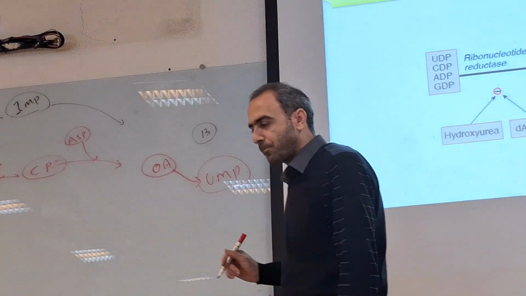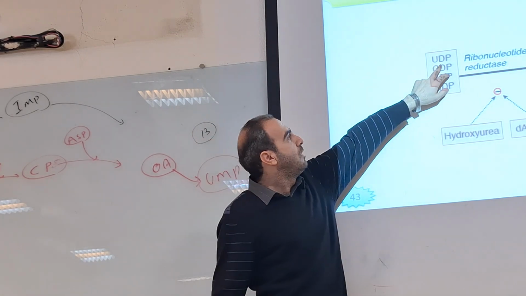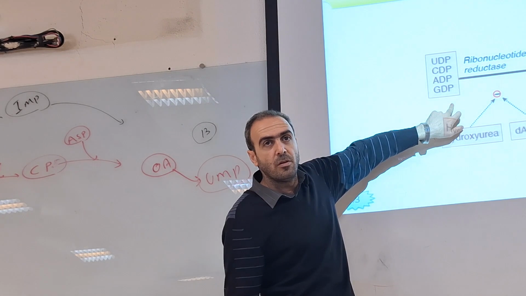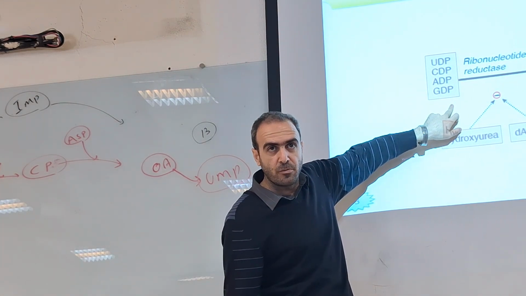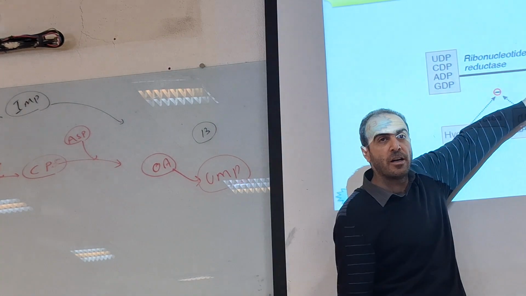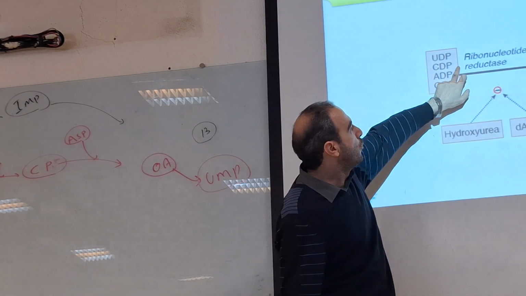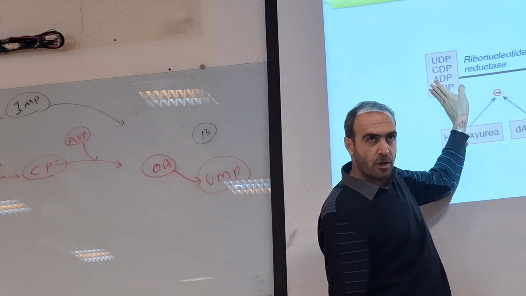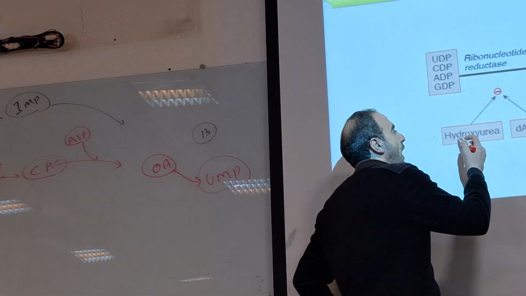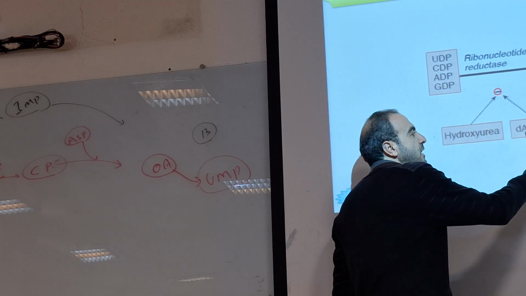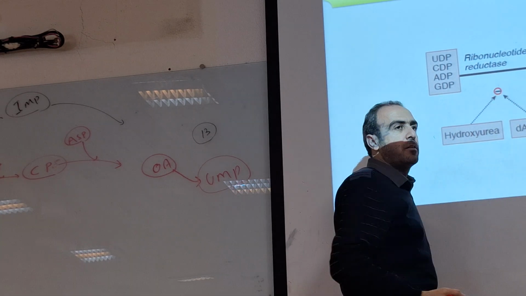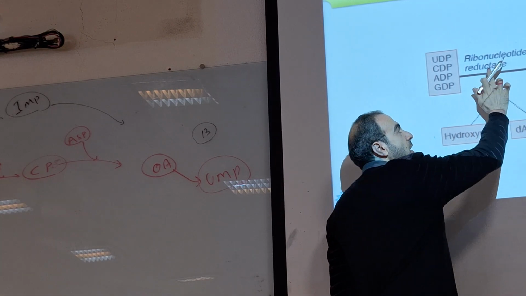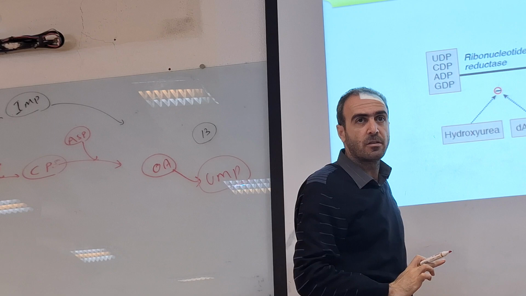The enzyme ribonucleotide reductase reduces the ribose form of nucleotides to deoxyribose, and we need deoxyribose for DNA. Hydroxyurea, dADP, and dATP are inhibitors. Remember that dADP and dATP are inhibitors of ribonucleotide reductase.